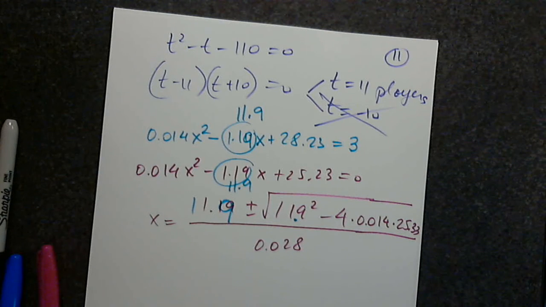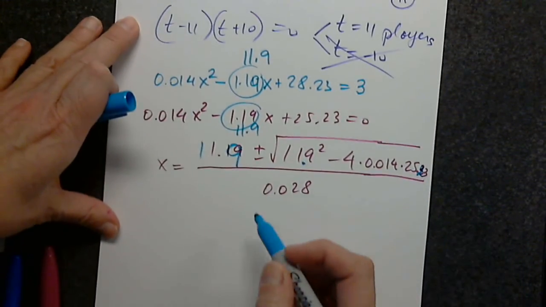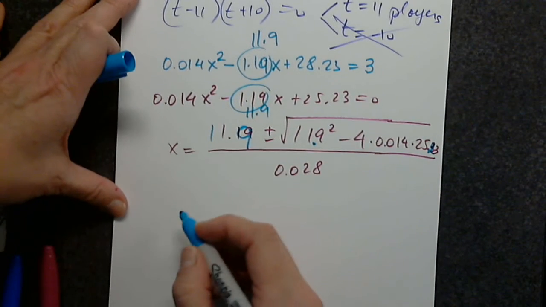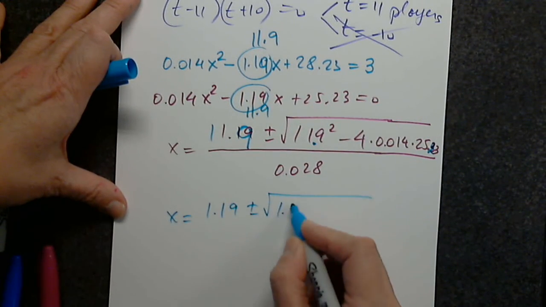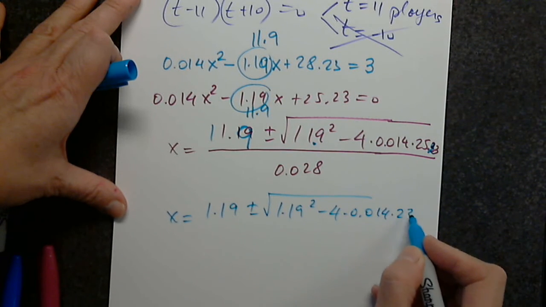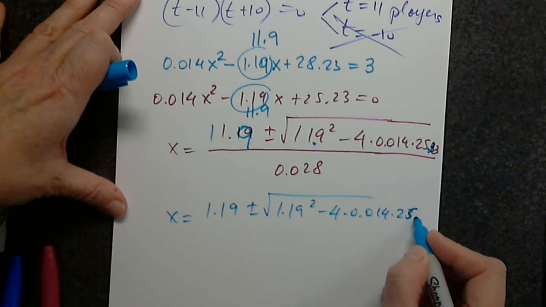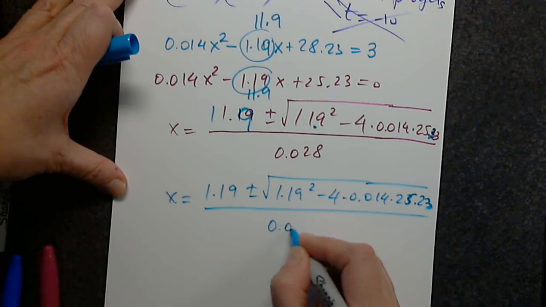Ah, I think I was missing a parenthesis somewhere. Okay, so it is this: 1.19 squared minus 4 times 0.014 times 25.23. Yeah, I was missing a parenthesis somewhere.